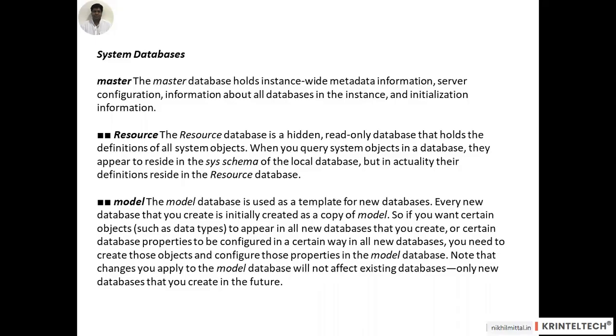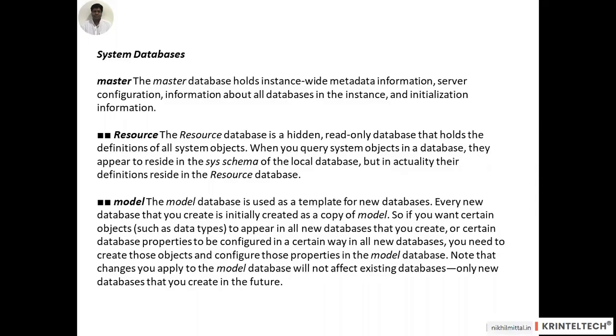So this resource DB holds information about all the database objects in your SQL Server instance. Whenever you create or drop something, this is accordingly updated in the background, so that the SQL Server is aware of whatever you have in your SQL Server box.